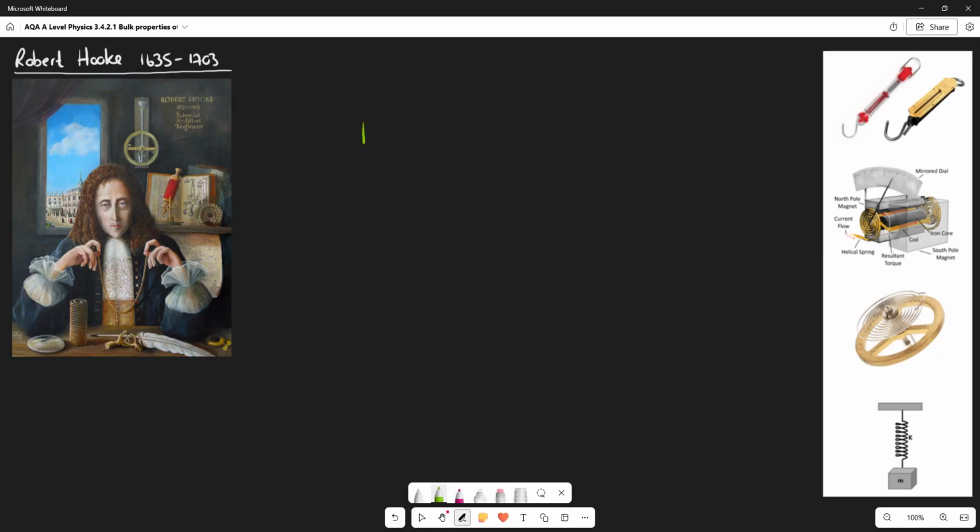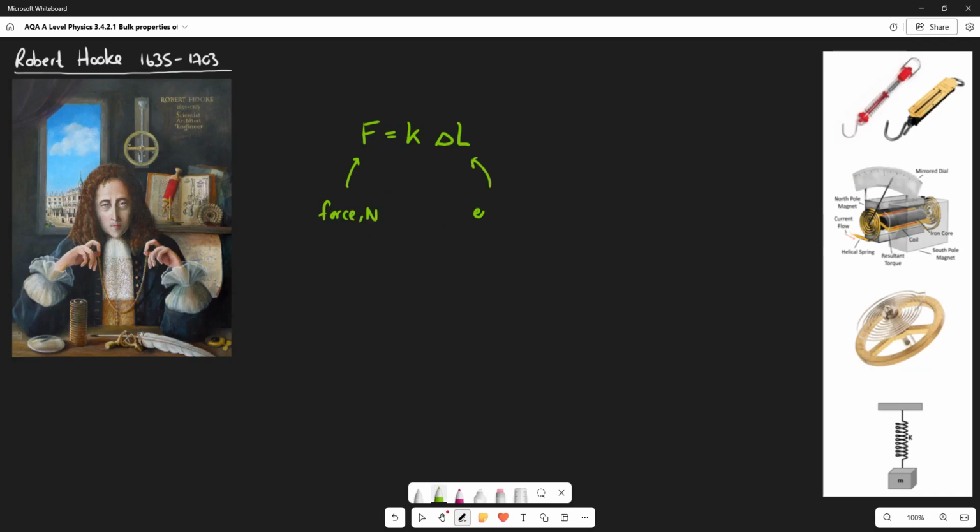But he is remembered for Hooke's law, which tells us that force is proportional to the extension of an object. If you apply a force, the object will stretch. This force is measured in newtons.